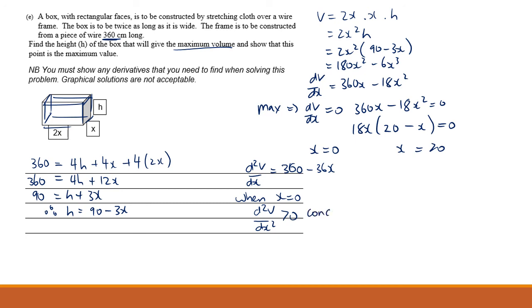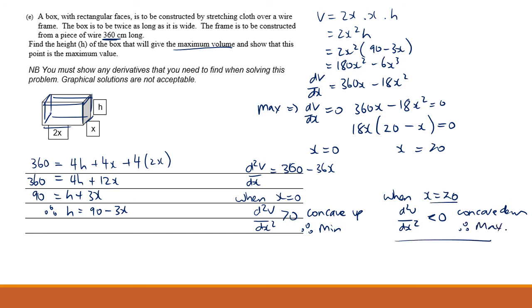Positive means it's concave up, which means it's got a minimum turning point. When x equals 20, d squared V over dx squared, 36 times 20 is 720, so it's 360 minus 720. Well, it's going to be negative, which is concave down, which means it's a maximum. So there I proved that 20 is a max.